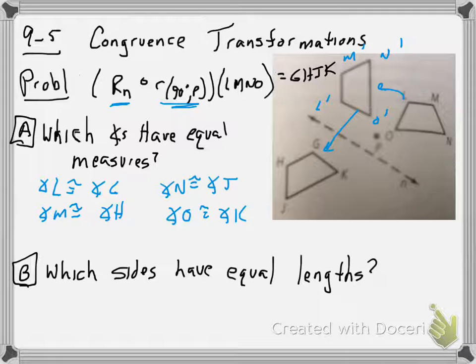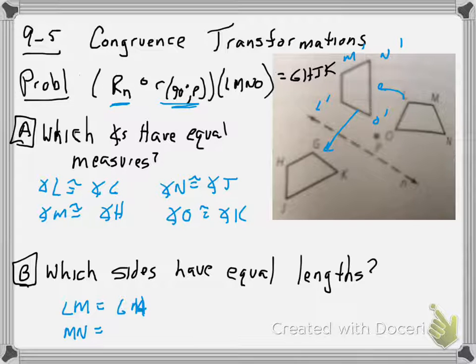Again, equal measures now of sides. We do side LM is equal to GH. I'm sorry, not GM, GH.